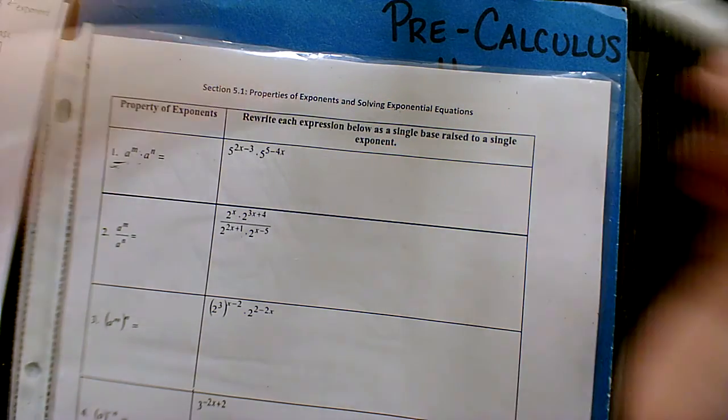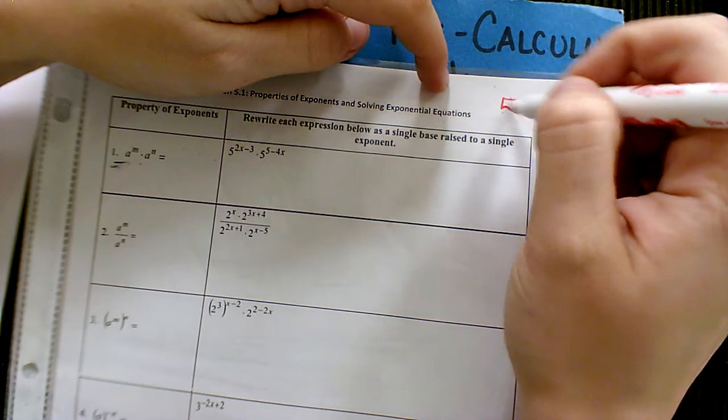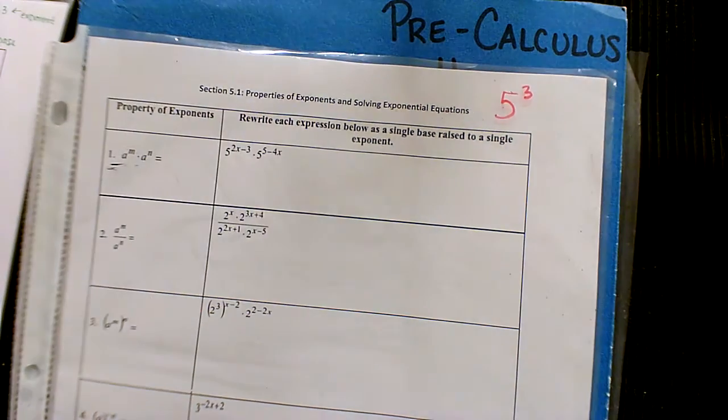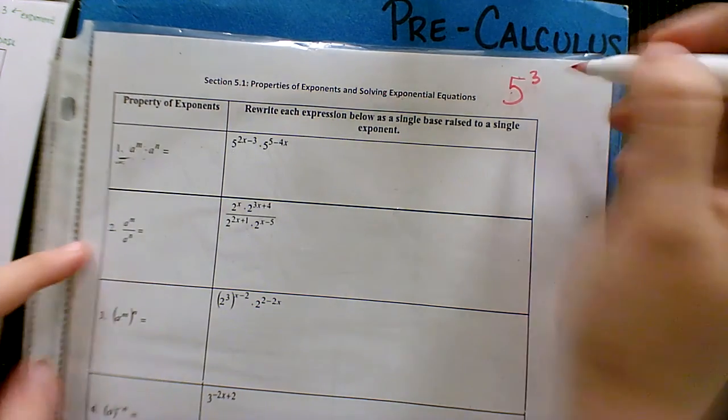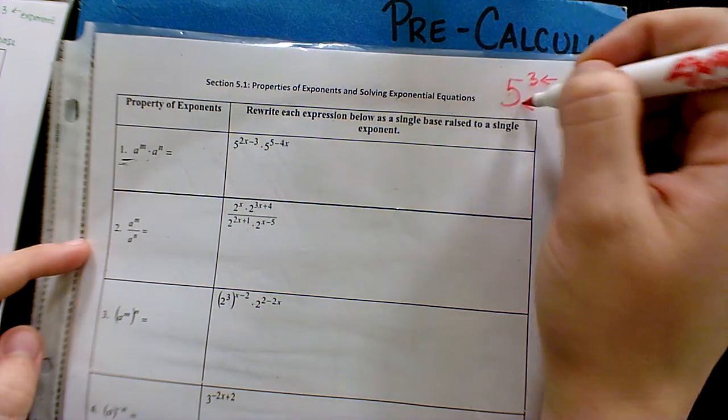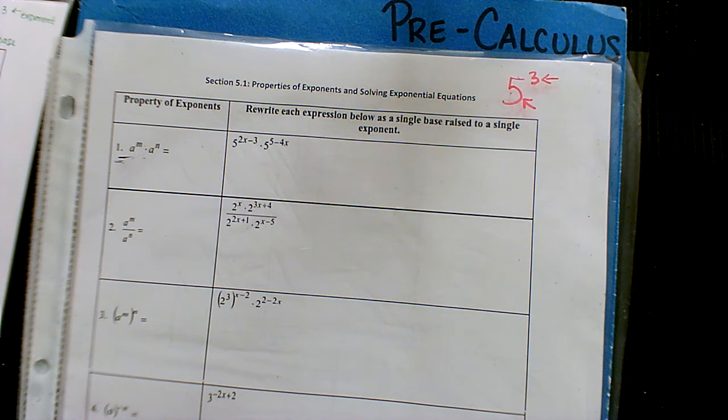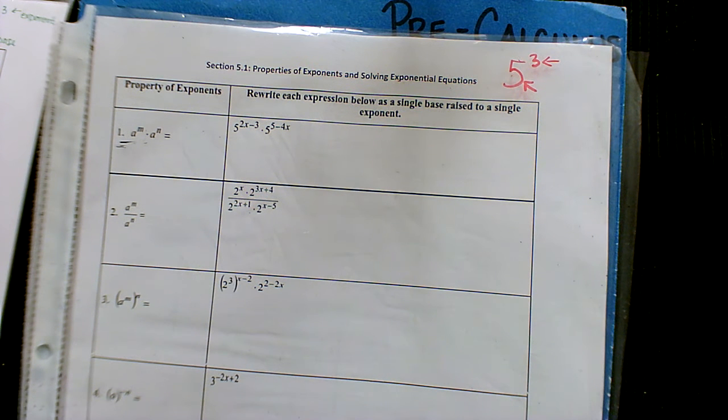So just in terms of vocabulary, if I had 5 to the third, can we label by name what we would classify the 3 as and what we would classify the 5 as? If you have a little number to the top right of another number, what's that referred to as?